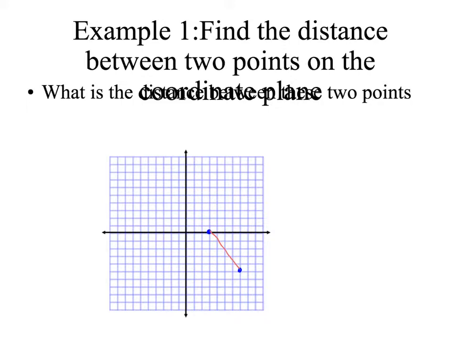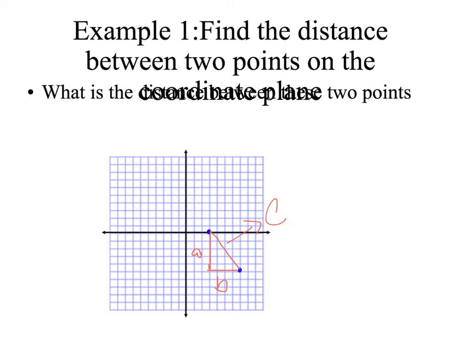I'm probably not going to draw straight lines while trying to write on the iPad, but I think you'll get the general idea. So I connected my 2 dots. You'll notice that that's diagonal. So this is going to be my C, or my hypotenuse side. I'm going to go from the other 2 points and get my bases of A and B. You'll notice so far we don't have any numbers.